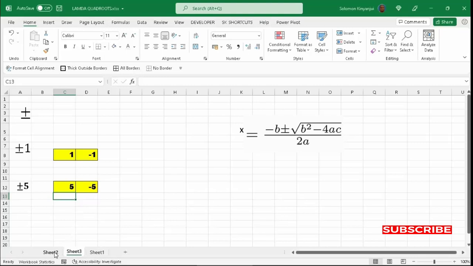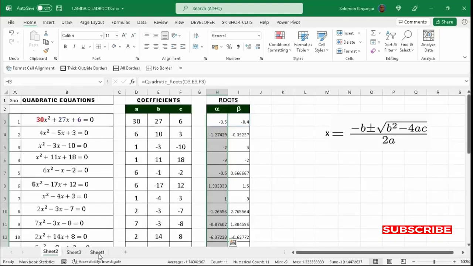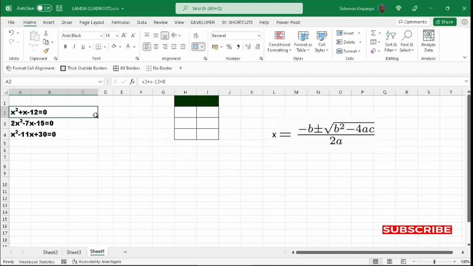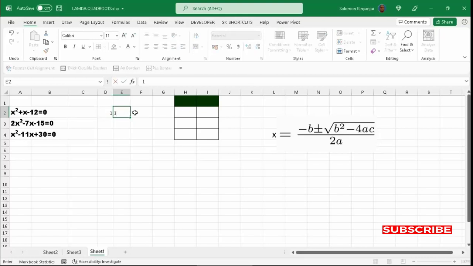So let us go to this sheet to get that formula. We shall first put the coefficients of these three equations. For example, the coefficients of this equation are 1, 1, and the last value is negative 12. Those are the values of a, b, and c.